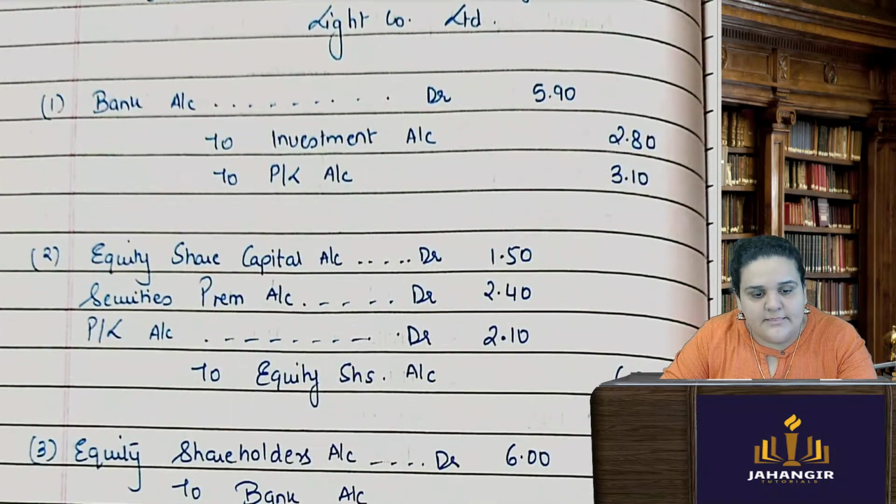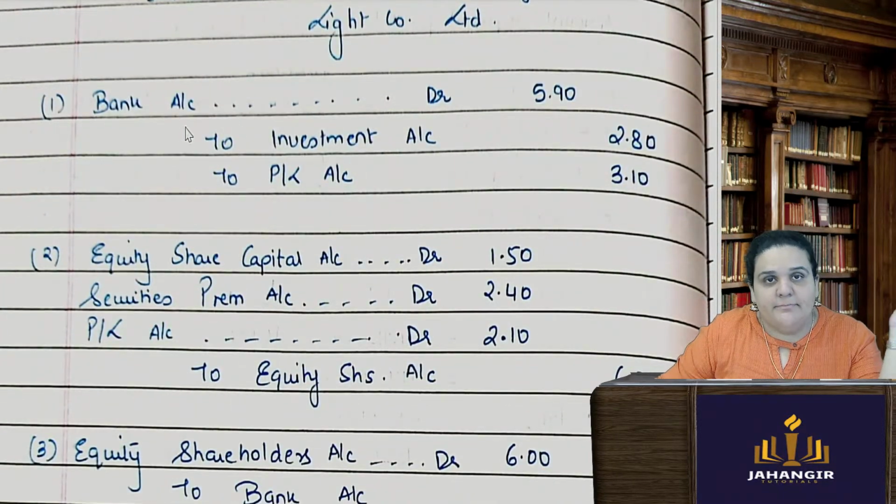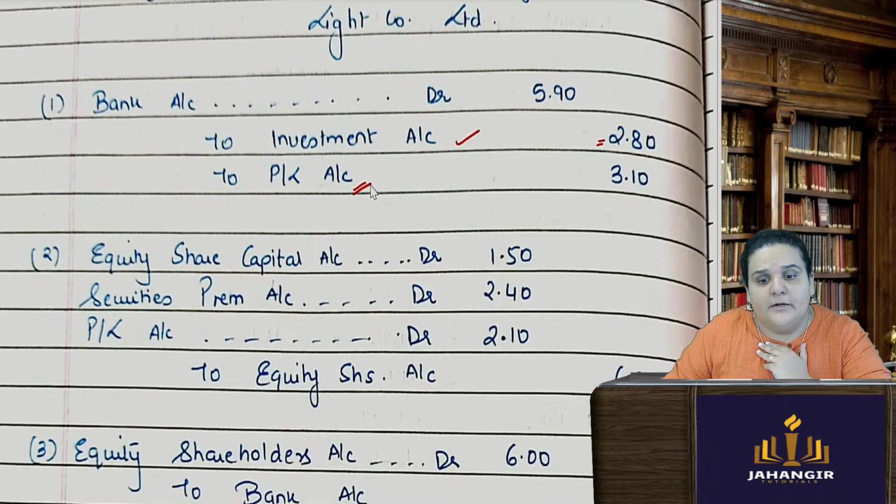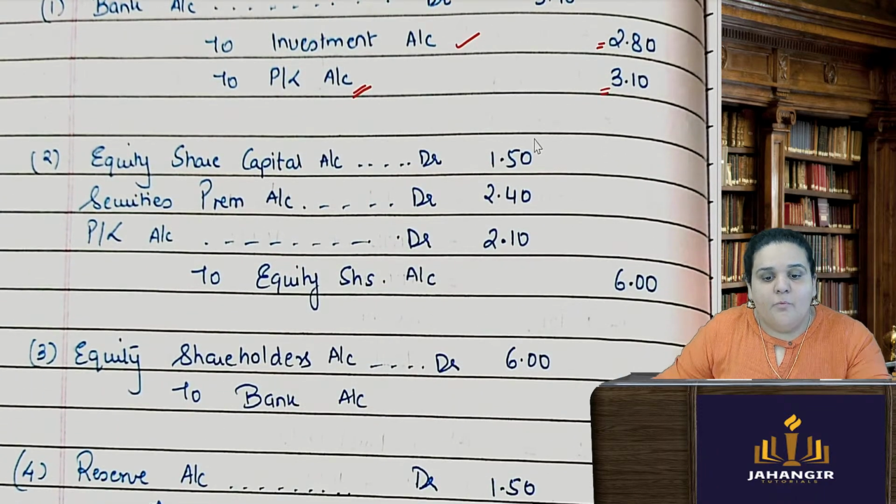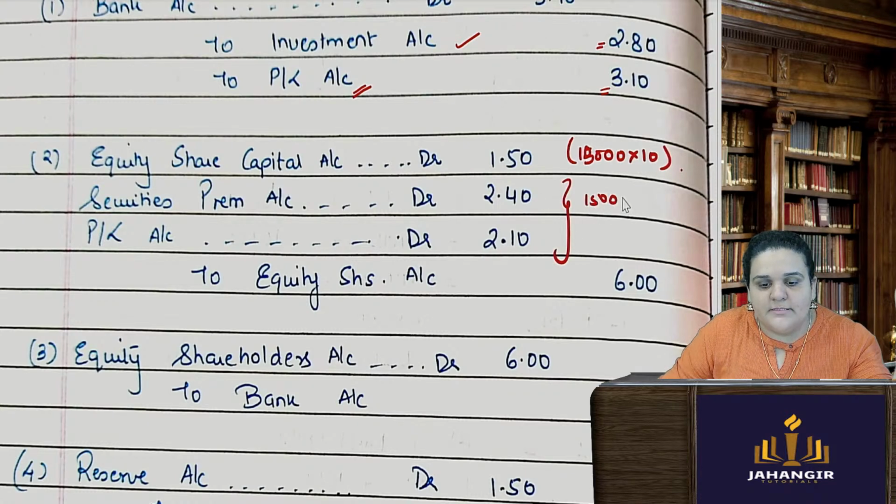Okay, so journal entries. Selling of investment: bank account debit, money received, investment 2,80,000, profit and loss account 3,10,000. I am buying back 1,50,000, that is 15,000 shares at rupees 10 each. And the premium on the buyback is 15,000 shares into 30. This is the premium on buyback.